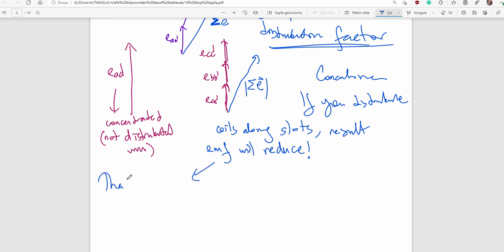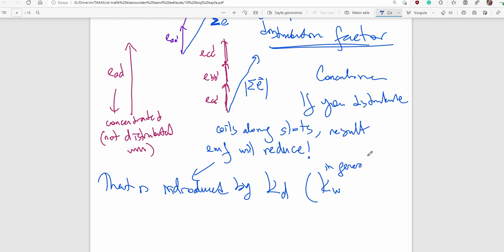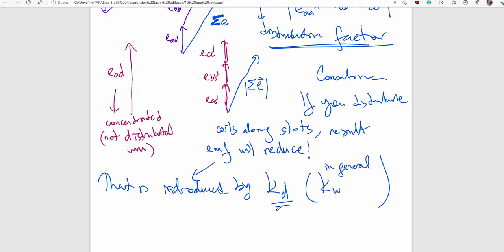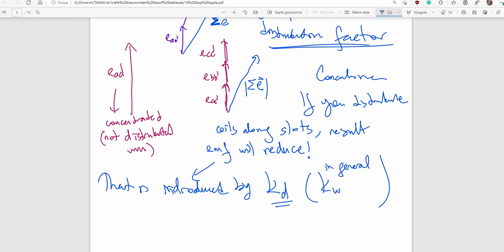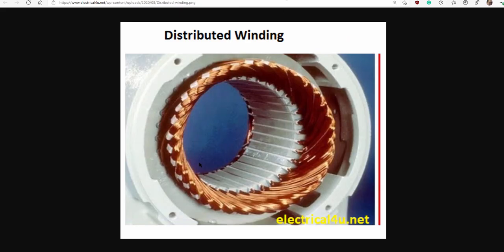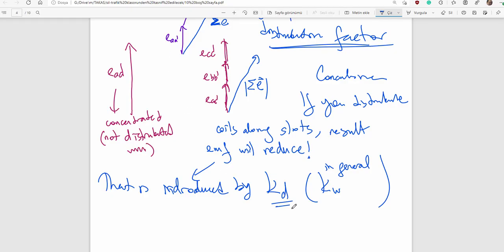That is introduced by KD. In fact, in general, KW. KD is the distribution factor. Since we have distributed winding along the stator, there is a parameter coming, which is KD.